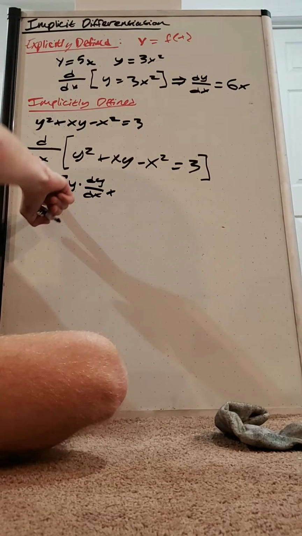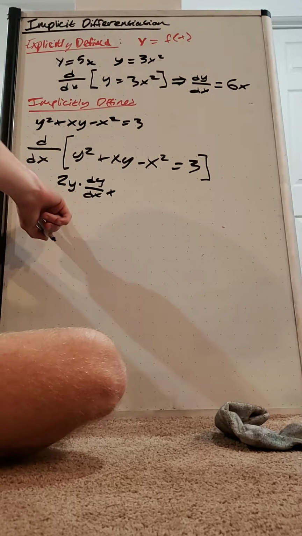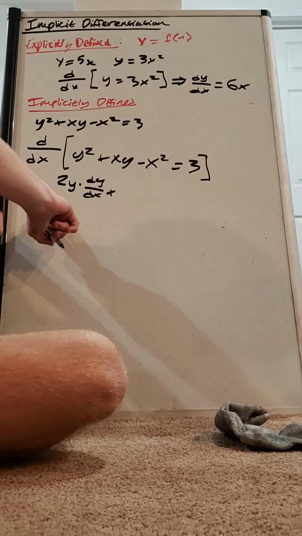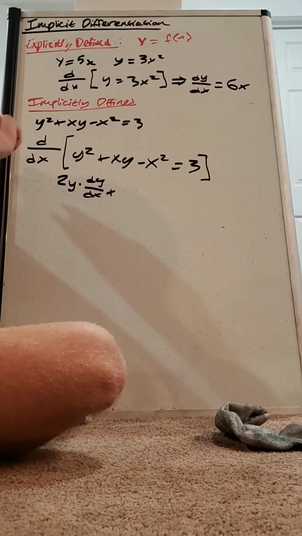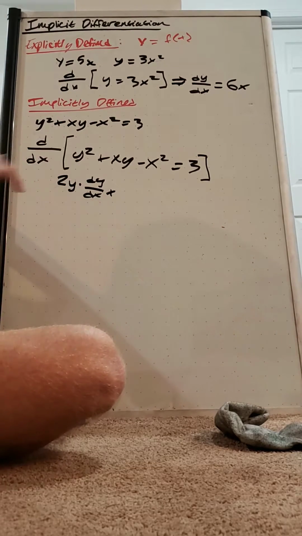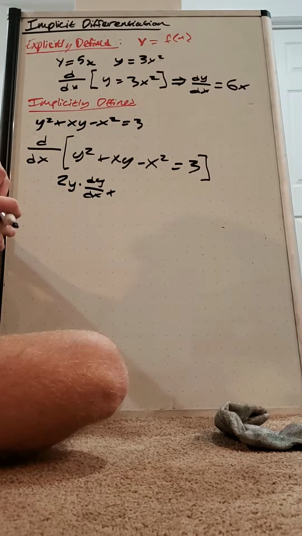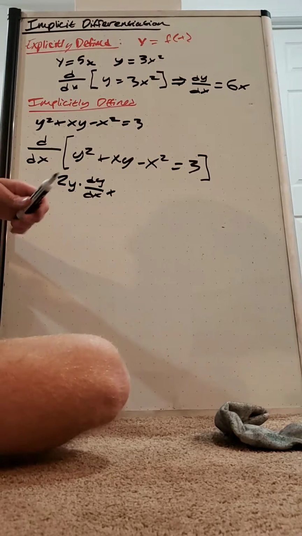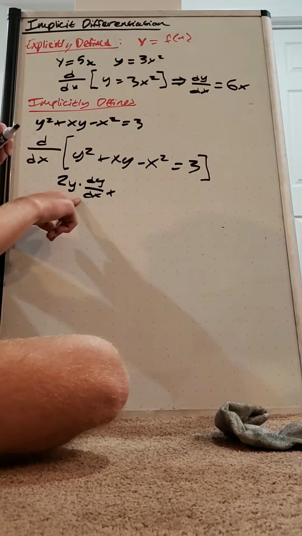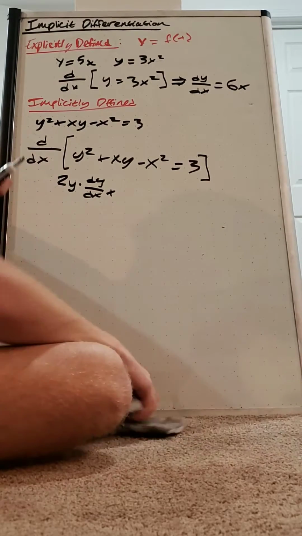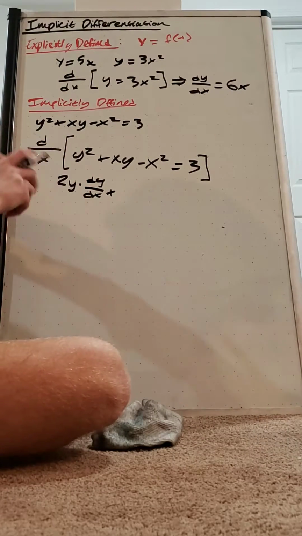So that's really the most tricky part about implicit differentiation: just remembering that whenever you're differentiating anything which is not an x or a constant, you have to multiply by the derivative of that with respect to x.